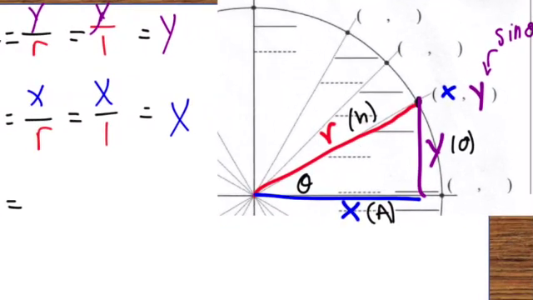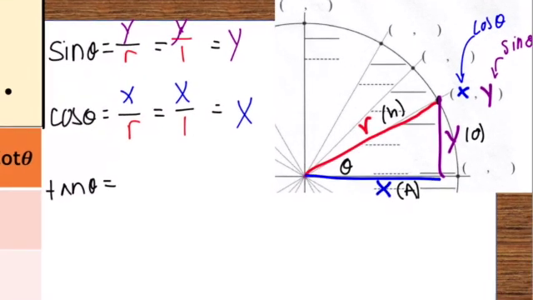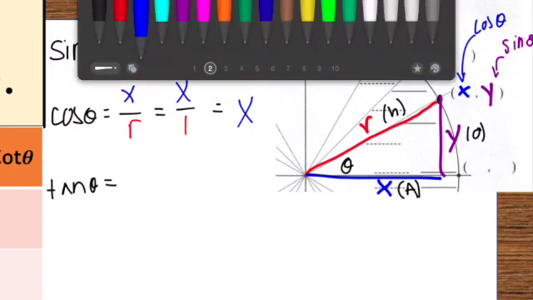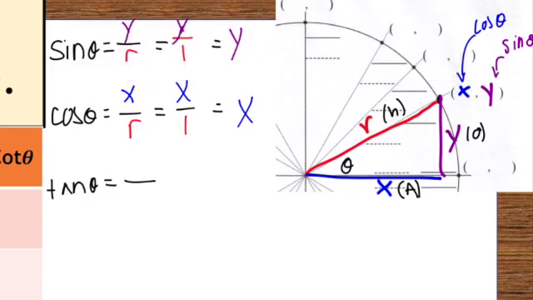So the x value is really just the cosine of our angle. And with those two values, I can pretty much find everything else. Let's find the tangent really quick, and then we will start finding these trig values. My tangent is the opposite, my y value, divided by the adjacent, my x value. So there we go.